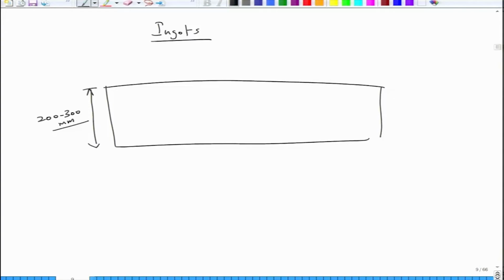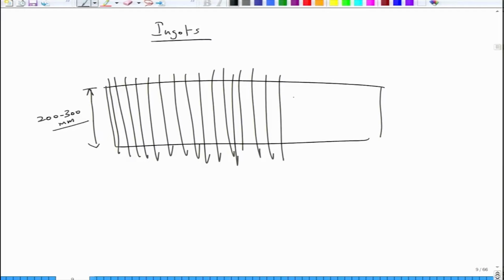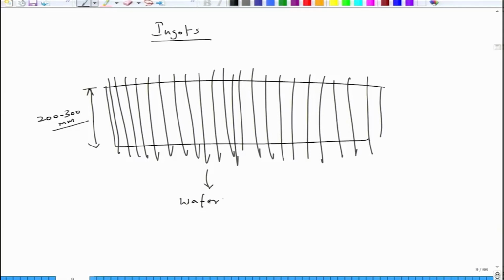Out of these, you need to make wafers. So, what you do is wire sawing of these to make wafers. Okay. So, these are cut into small pieces to make wafers. So, this gives rise to wafers. Each wafer is of the order of 0.3 to 0.4 mm thick.